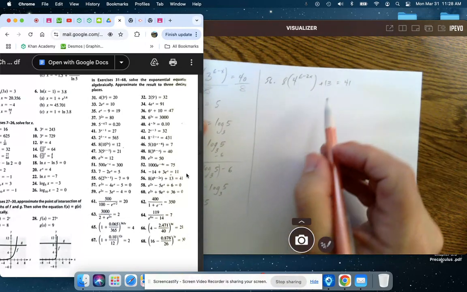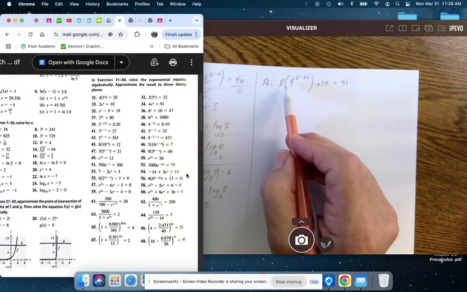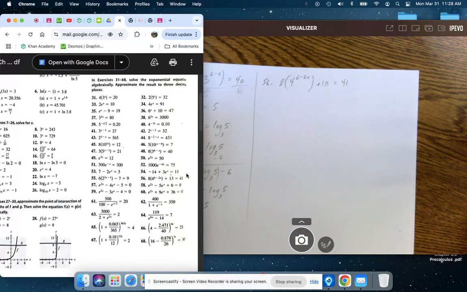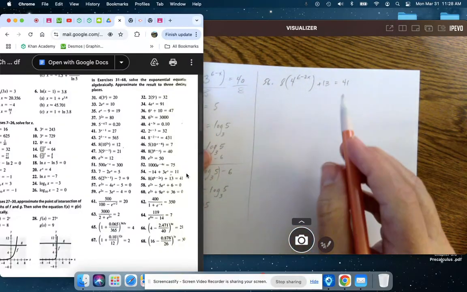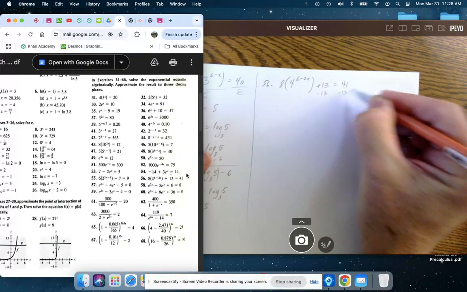All right, so step 1, I'm trying to isolate what's in parentheses here. So I need to get rid of the 8 and the 13, so we'll start with the 13 by subtracting it from both sides. So take away 13.